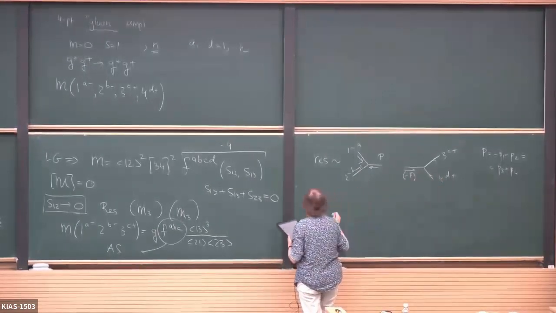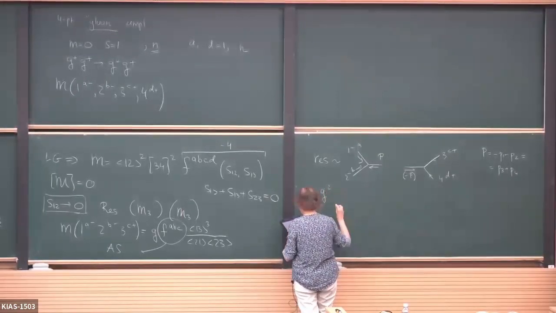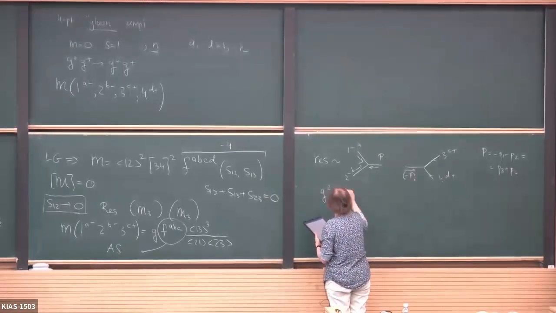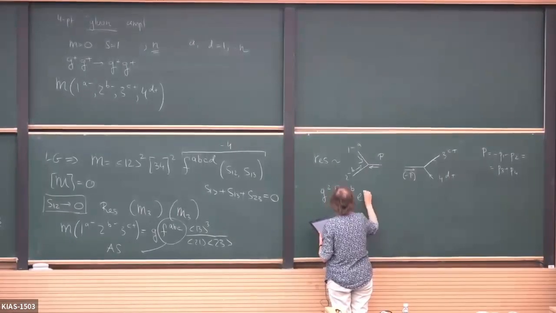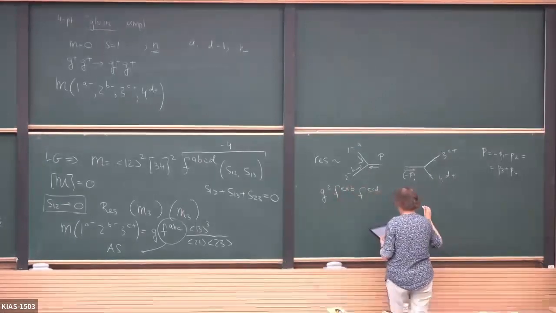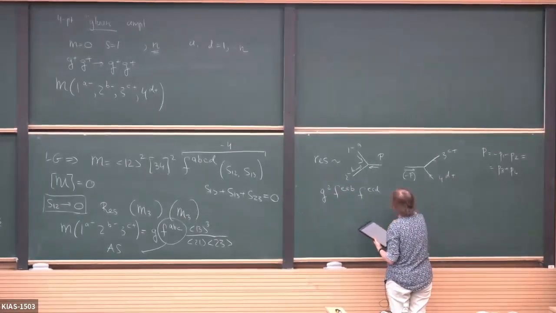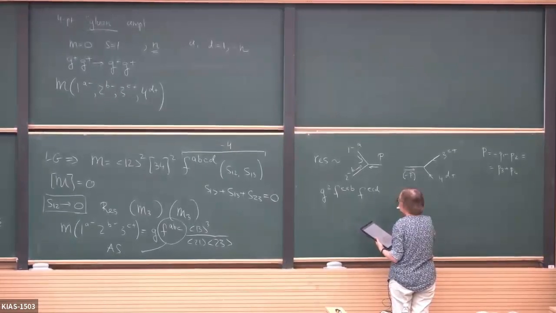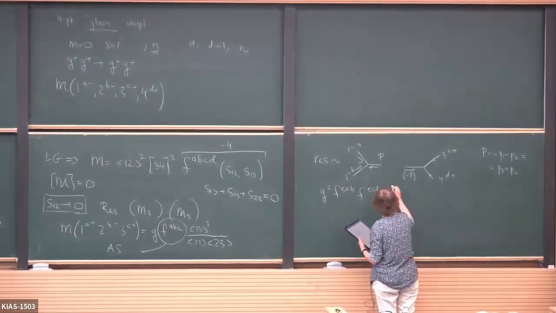So the residue is of the form G squared f^{ABE} f^{ECD}.